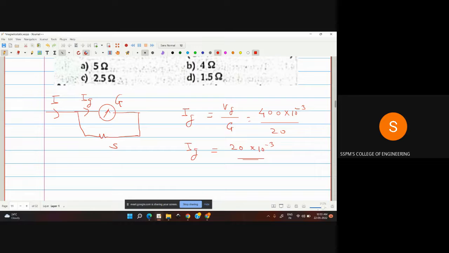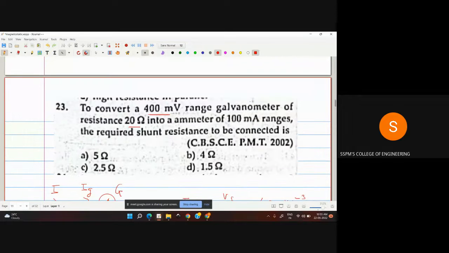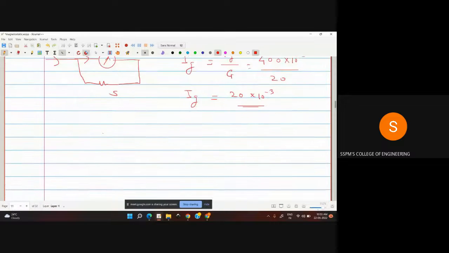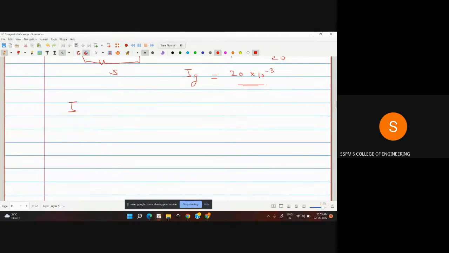Now we want to measure a current of 100 milliampere. So I is given, I is 100 milliampere, and Ig is 20 milliampere.